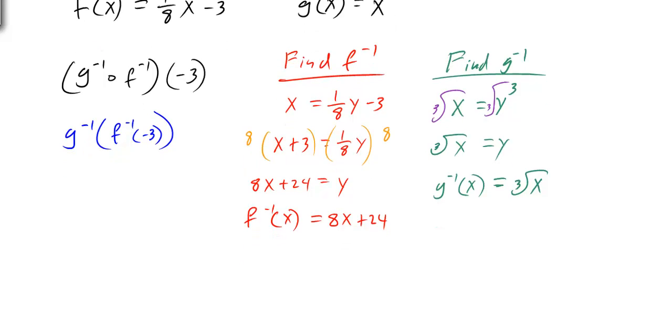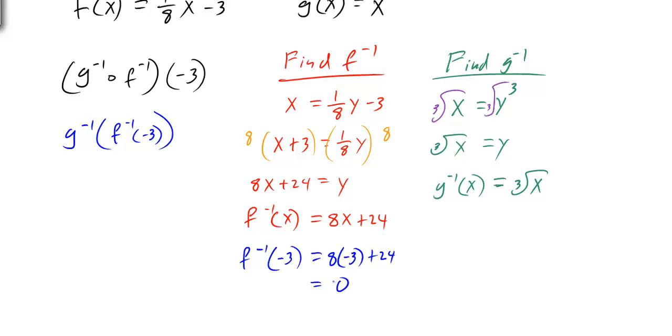So now when we want to find g inverse of f inverse of negative 3, that means we want to find f inverse of negative 3 first. So for f inverse of negative 3, we simply plug negative 3 in for x. And we would end up with negative 24 plus 24, which is equal to 0.